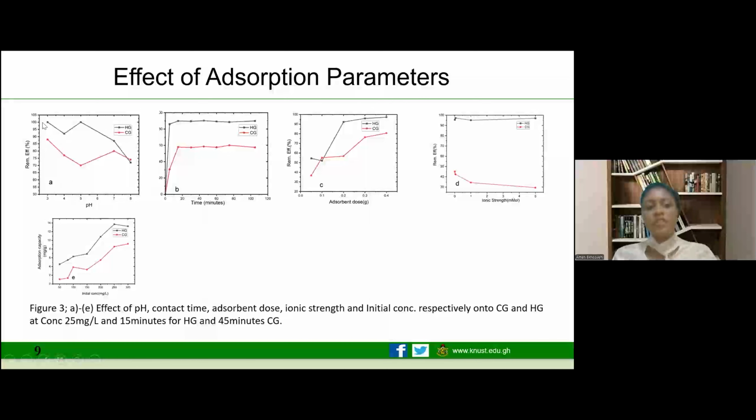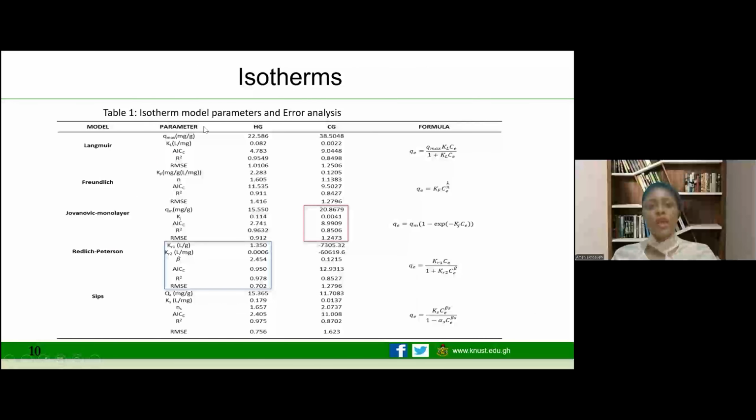And for HG, it achieved 100% removal efficiency at pH 3 and pH 5 and reduced to 72% at pH 8. We fitted the experimental data with 5 isotherm models: the Langmuir, Freundlich and Jovanovic monolayer 2-parameter models, and the Redlich-Peterson and Sips models, which are the 3-parameter models.